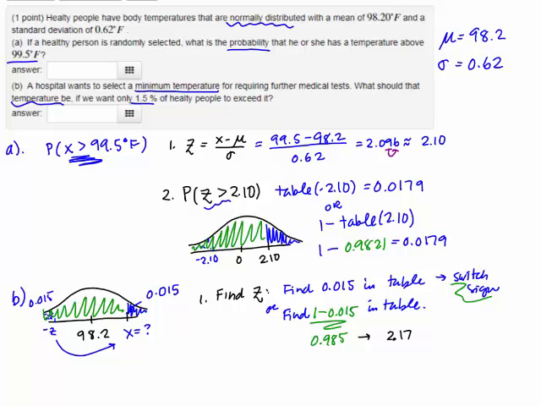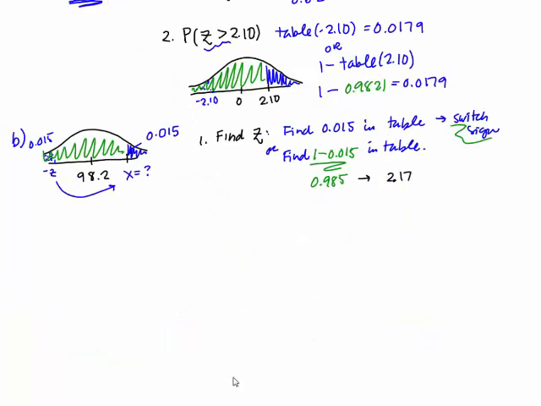As the z value. Now we want to find, though, the minimum temperature, not the z value, not how many standard deviations above the mean we have to be, but what's the actual minimum temperature. So number 2, calculate x, where x is z times sigma plus the mean.